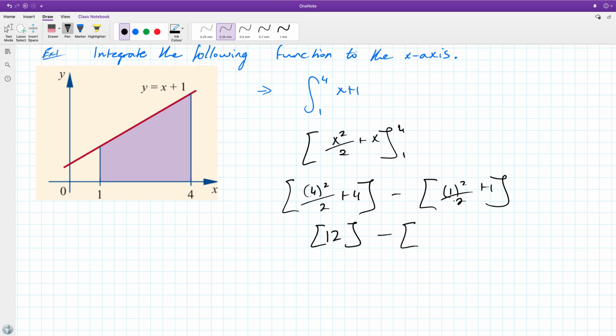Minus 1 squared over 2 is a half, plus 1 is 3 over 2. And we get 10.5 units squared. That means the area inside here is 10.5 units squared. And that's what you have to calculate.